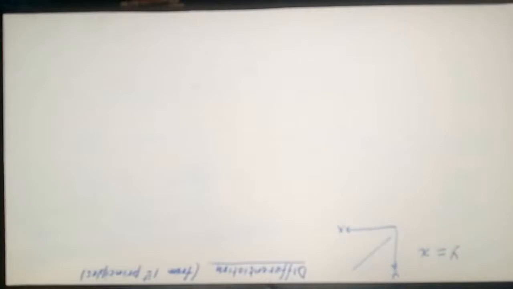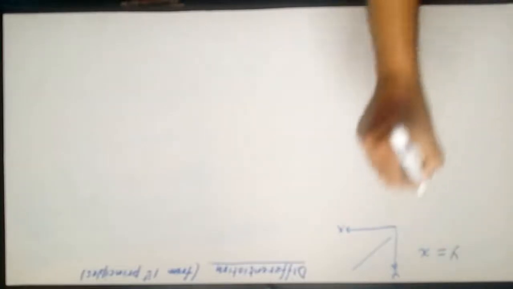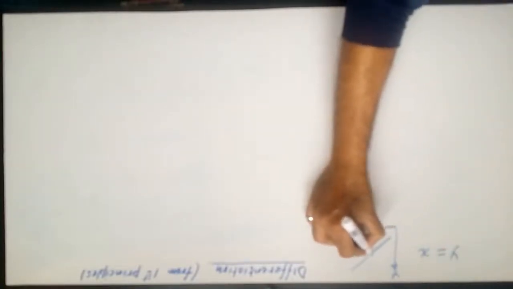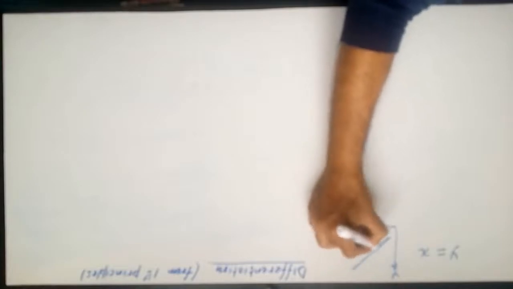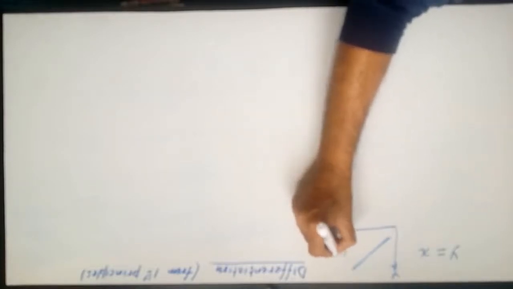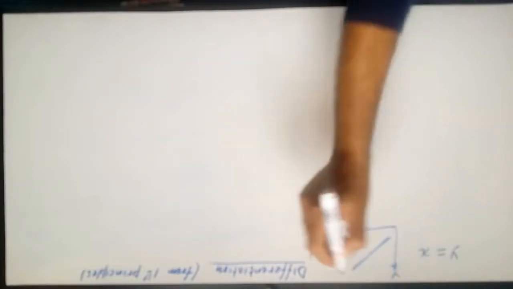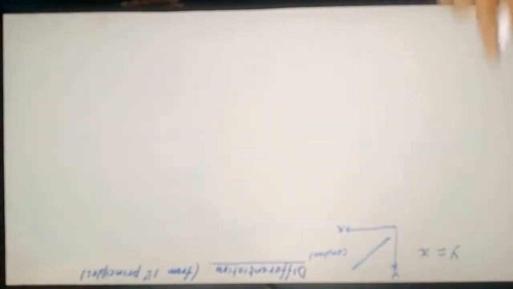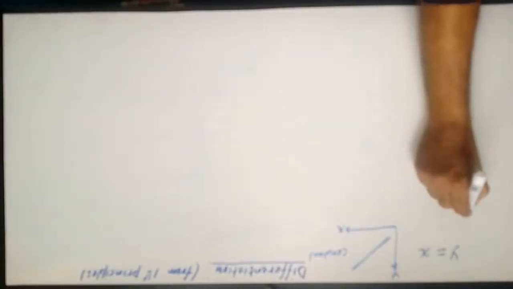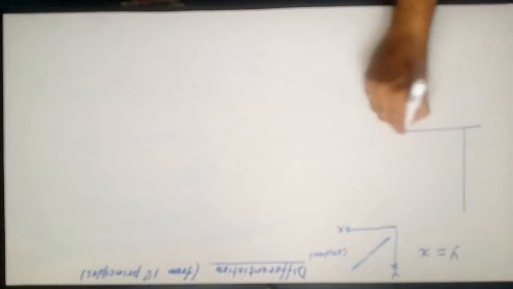It's not a curve. But let's see what we get. Now we already know that the slope of a straight line is a constant, right? So let's see if we get the same thing by the process of differentiation. So now let us differentiate this one. Okay, so we will draw this one.